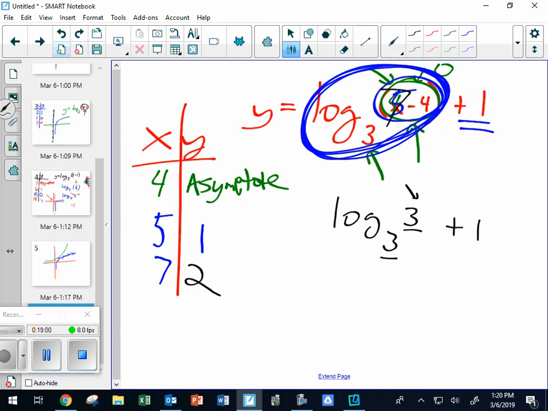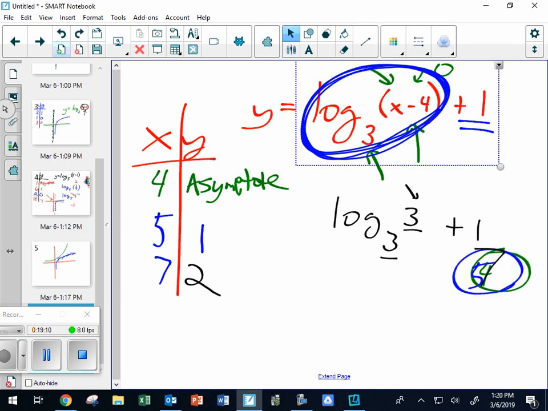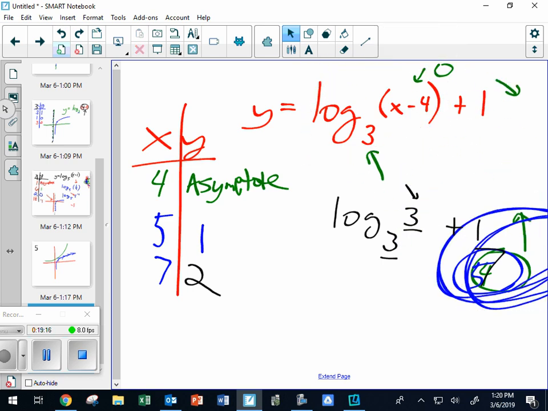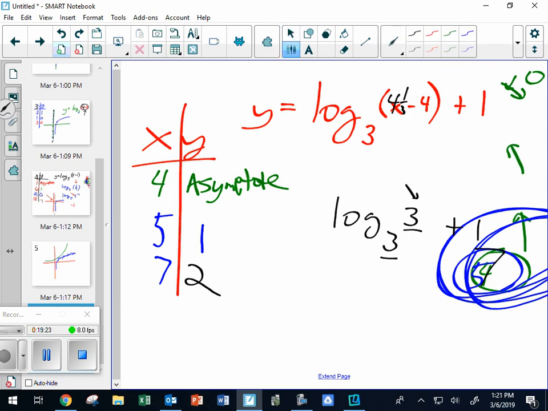Who's got an idea? Yes. Ooh, I like it. 4 1/3. Everybody try it if you haven't already. Put in 4 1/3 and see what you get. All right, hold on just a second. 4 1/3 minus a 4 makes 1/3.